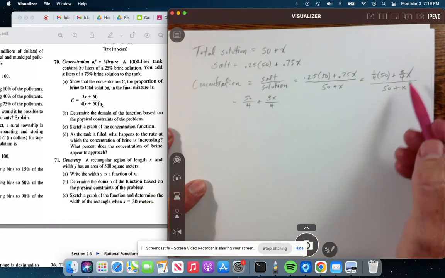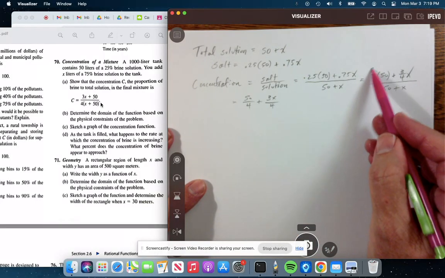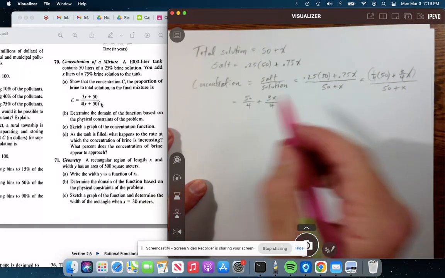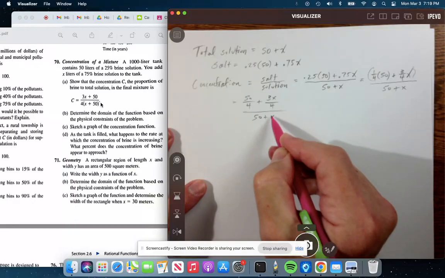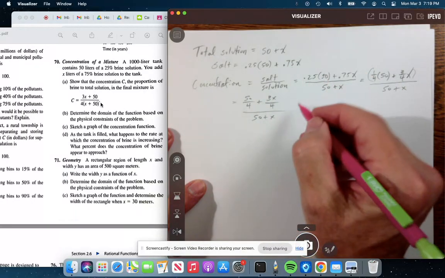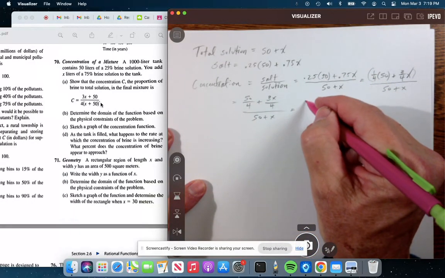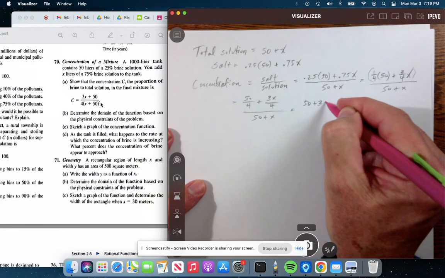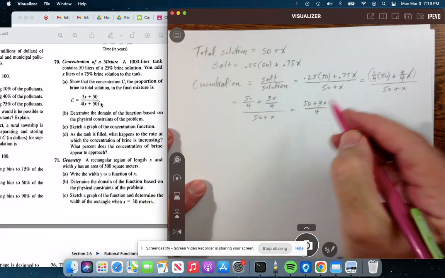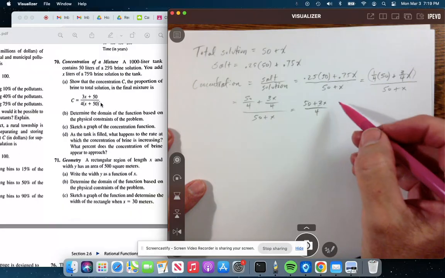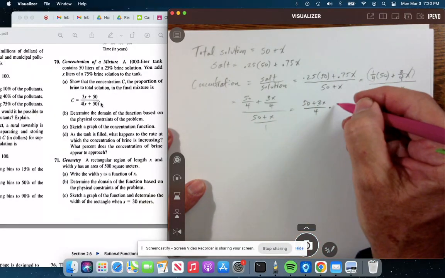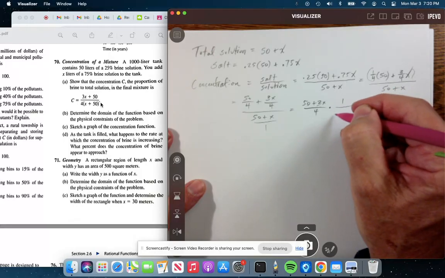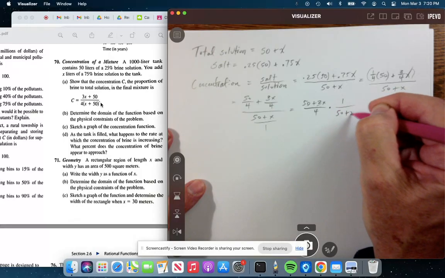Now I'm going to write this as one fraction. So this is 50 plus 3x over 4. That's the top. And this I'm going to put over 1 and flip it. So I'm going to flip it and multiply. So 1 over 50 plus x.